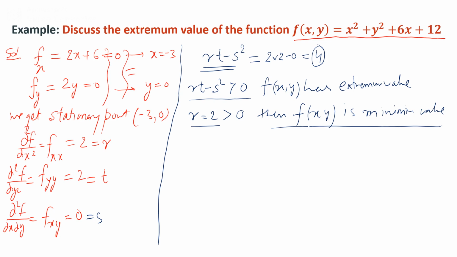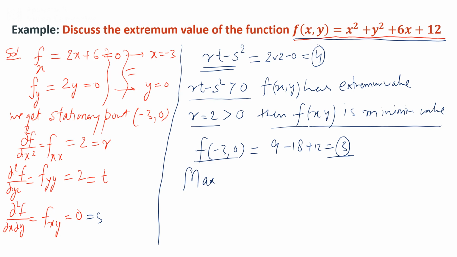And the value of the function: we put f(-3, 0) in that function, so we get 9 minus 18 plus 12, which is 3. So the minimum value of the function f(x,y) is 3 at the point minus 3 and 0.